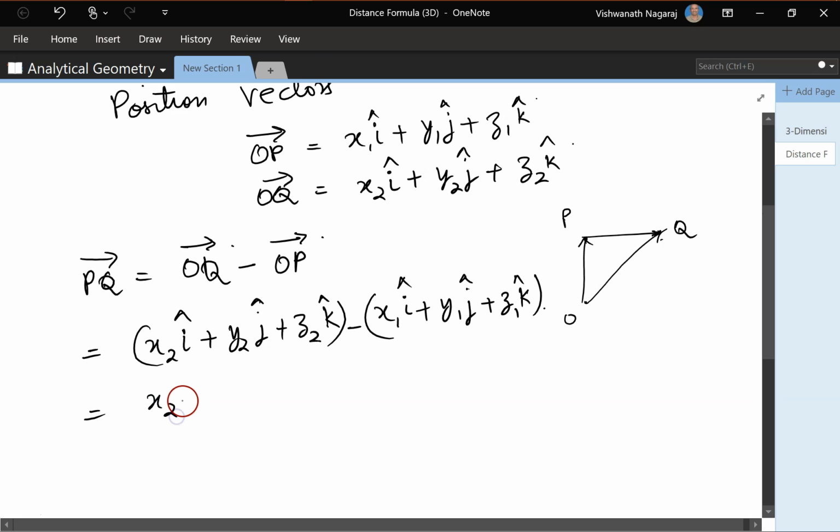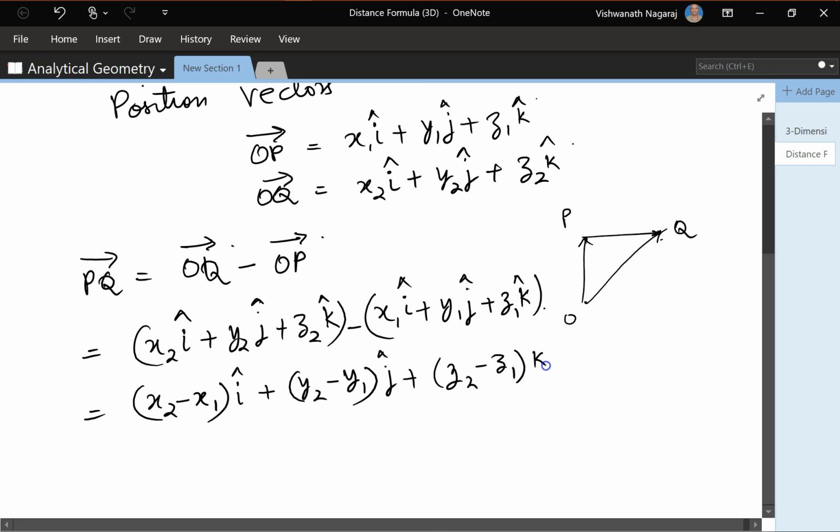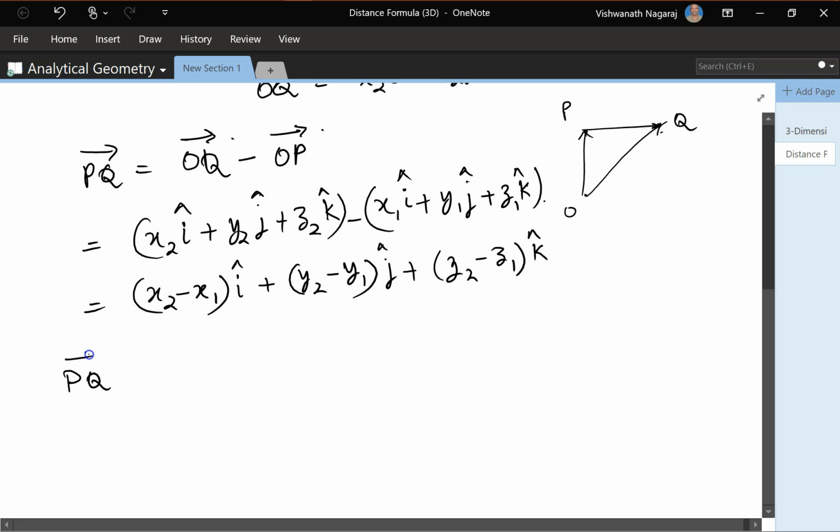So x2 minus x1 i plus y2 minus y1 j plus z2 minus z1 k. And we know also that the magnitude of a vector is equal to the square root of the sum of the squares of the resolved parts.